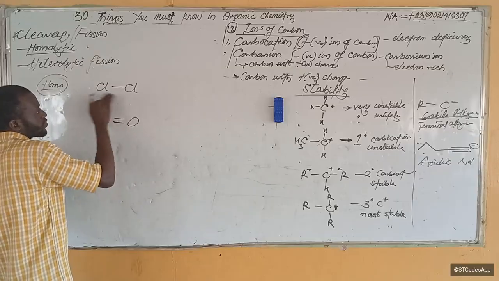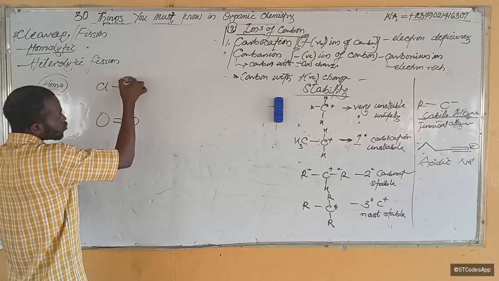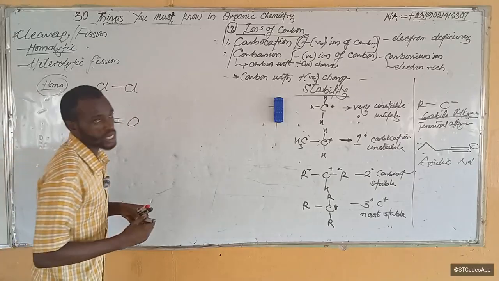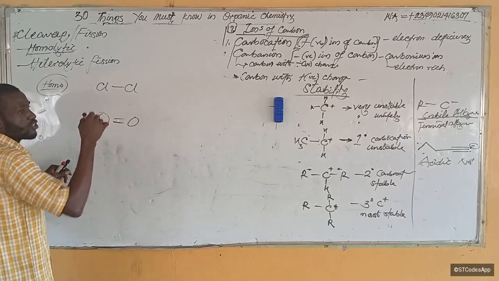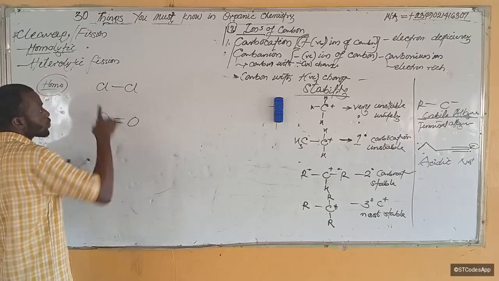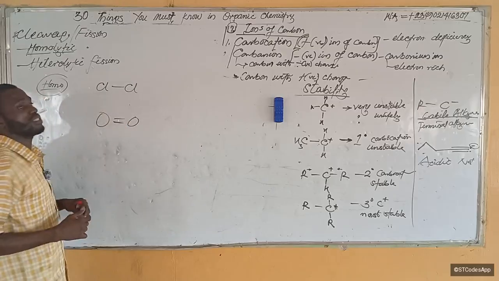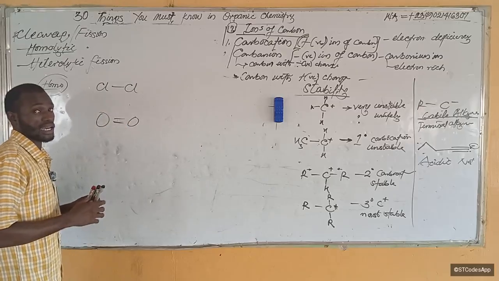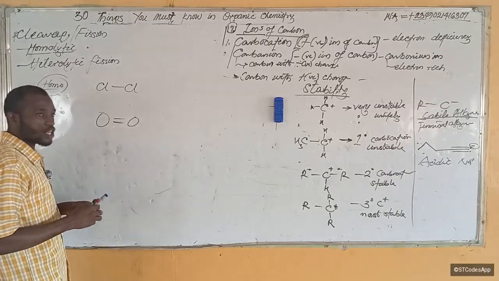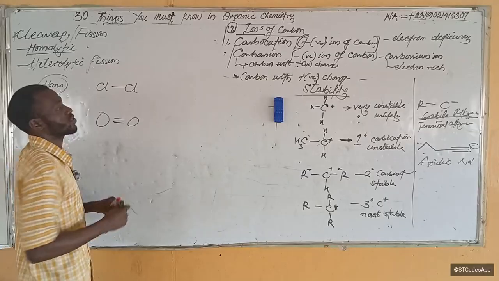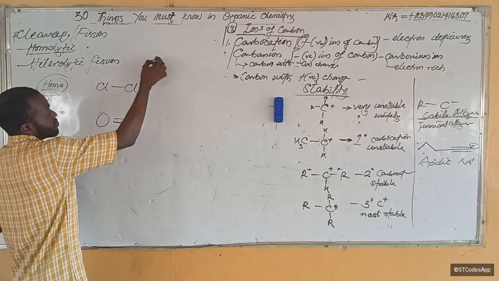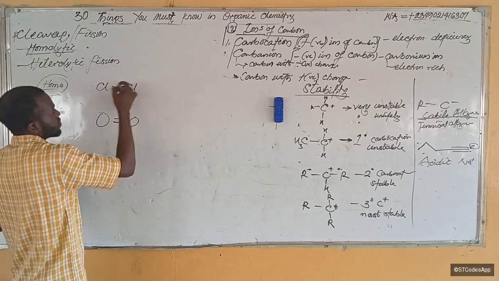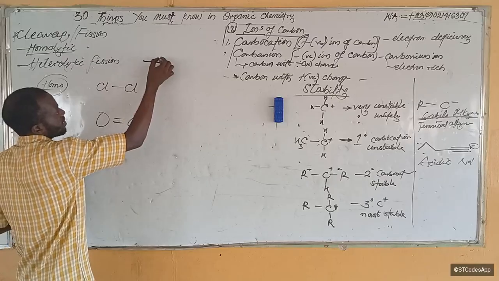So because they have the same electronegativity value, if this bond were to break, it will break in such a way that both of the atoms engaged in the bond will get an equal share of the electrons. So the way we represent it is we use a half arrowhead.